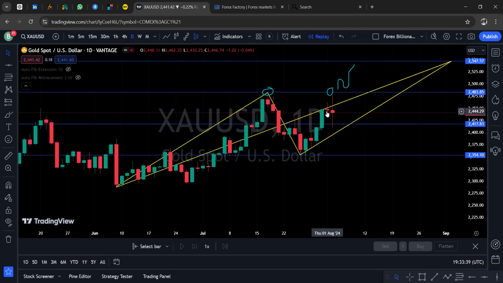You know, people must have bought from here. When people buy here, price went up first to do as if it's going to give them some money and they'll still be in the market. It wicked out, took them out and decided to do what? Continue going up. So it's just the same thing.